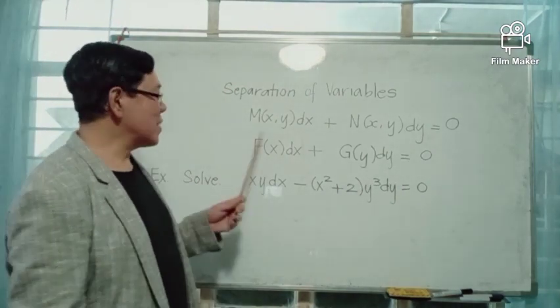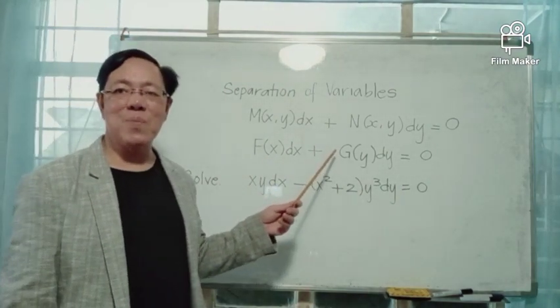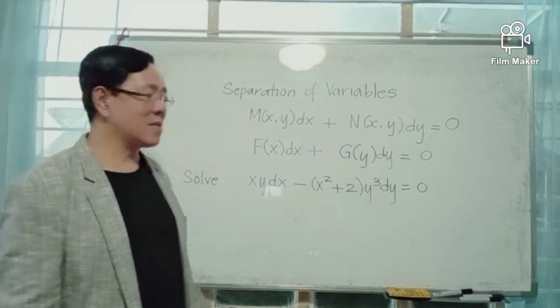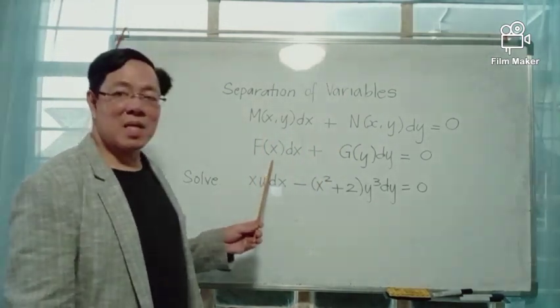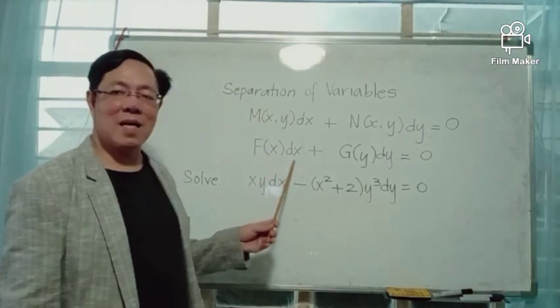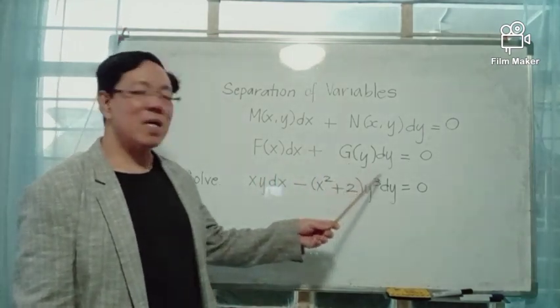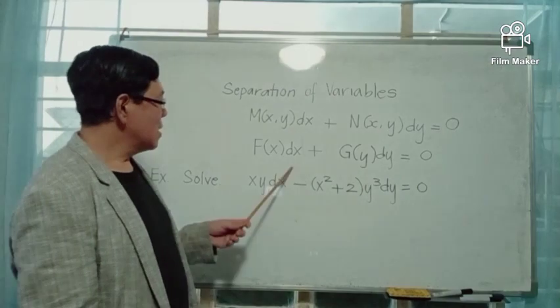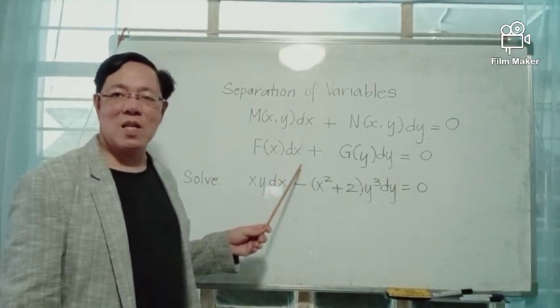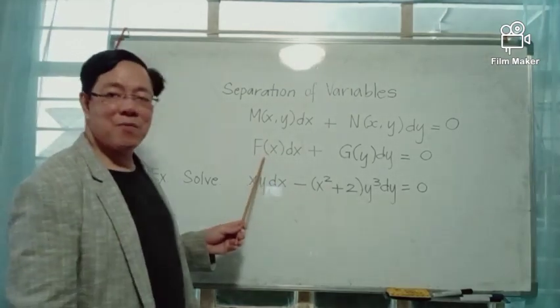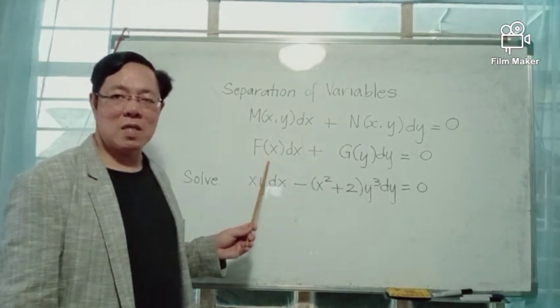Again, if the given differential equation can be solved by separation of variables, it can be written in this form: f of x dx plus g of y dy equals 0. After separation of variables, the coefficient of the differential of x is now a function of the variable x only.